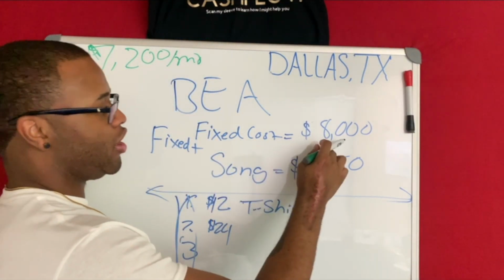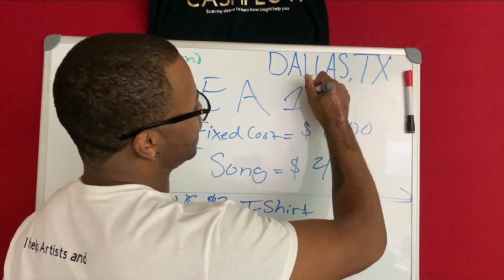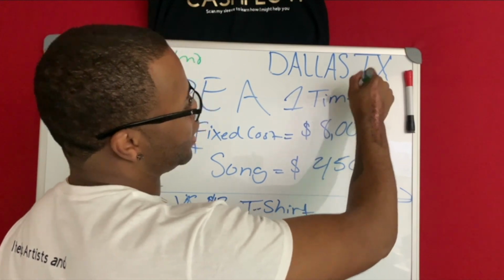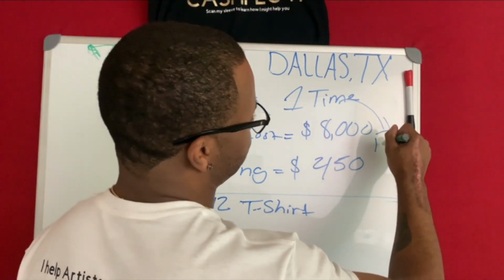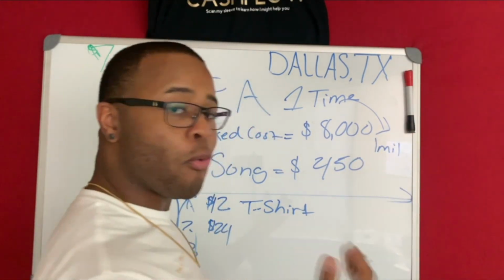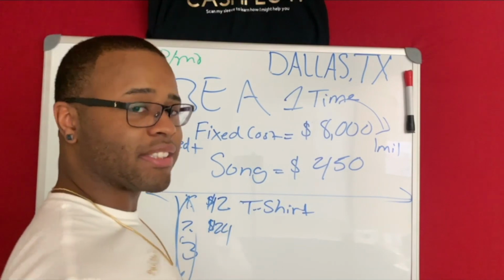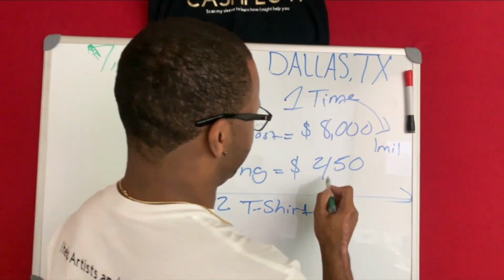Your song, your album is a fixed cost. Why? Because you only make it one time. You make it one time and you can sell it a million times. You can sell it so many times. You only make it one time. That's why the music industry is so luxurious, right? This is your expense.